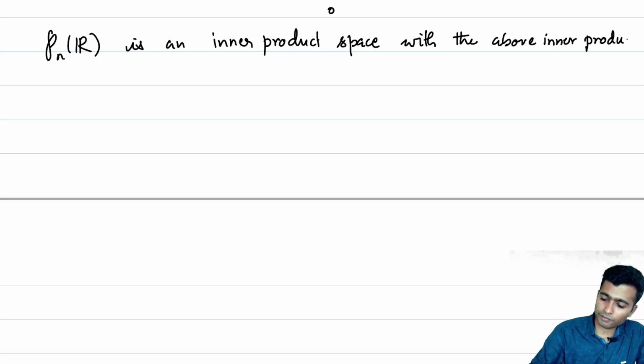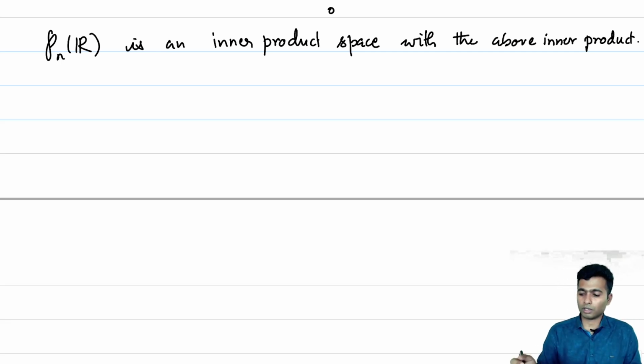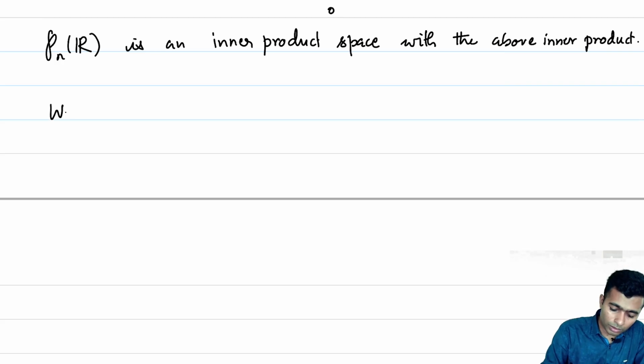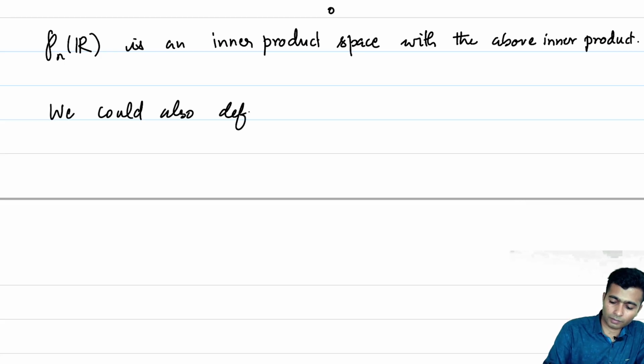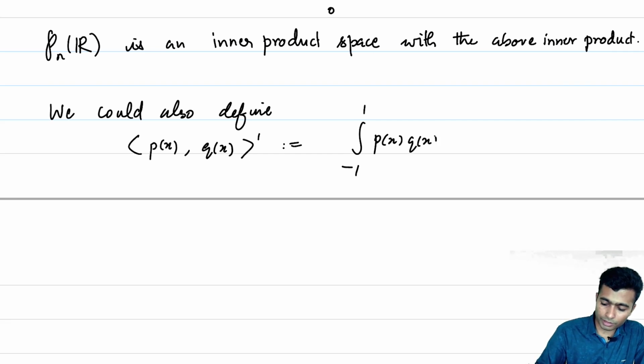But then, if you could consider it as a continuous function from [0, 1] to R, it is also a continuous function from -1 to 1 to R, right? So we could also define the inner product of P of x comma Q of x. Let's put a prime here to denote that this is a different inner product, which is the integral from -1 to 1 of P of x, Q of x dx.